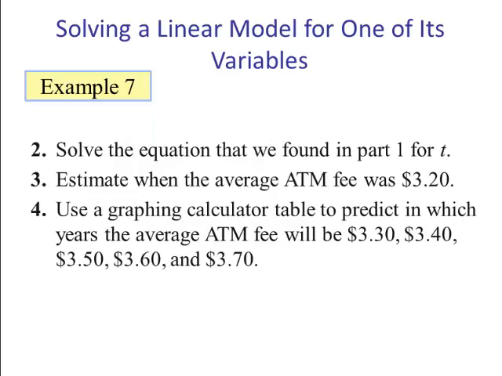Number 2, we want to solve the equation that we found in part 1 for T. Number 3, we want to estimate when the average ATM fee was $3.20. Number 4, we're going to use a graphing calculator to predict the years when the ATM fee will be $3.30, $3.40, $3.50, $3.60, and $3.70.